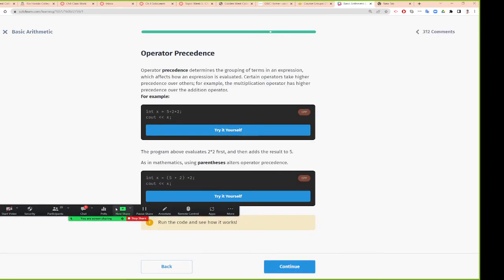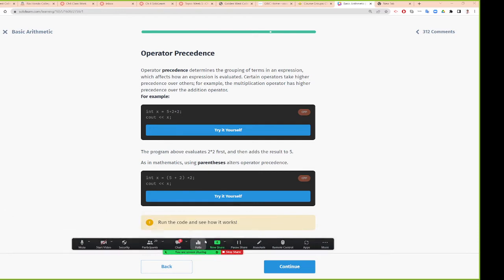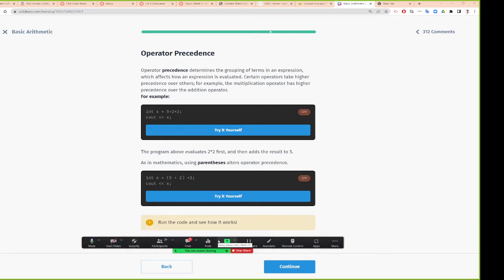All right. So the operators have an order that determines the grouping, which one is to be evaluated first. Basically we do the same thing as Please Excuse My Dear Aunt Sally.